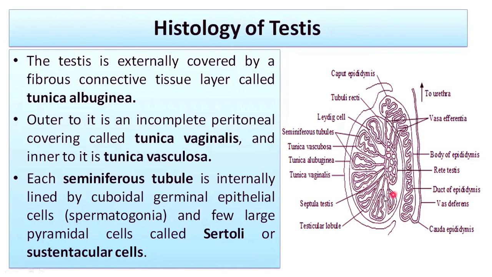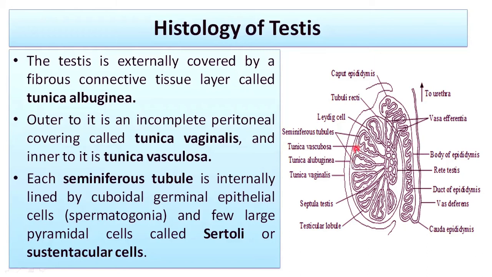Now see from this diagram, this is the seminiferous tubule. See, all these are the seminiferous tubules, and the layers are tunica albuginea, this is the tunica vaginalis, and this is the tunica vasculosa.